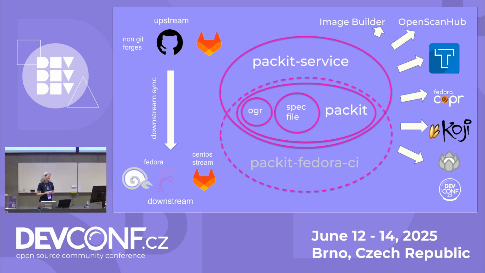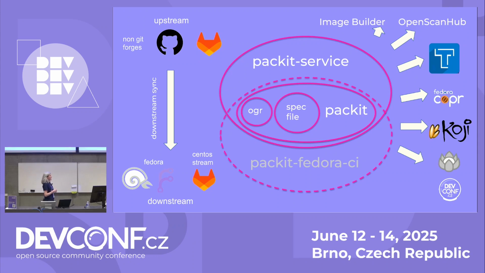Put simply, Packit automates some boring stuff around the package world. Packit can automate creating a downstream release for you, taking the sources and the new tag from the upstream.